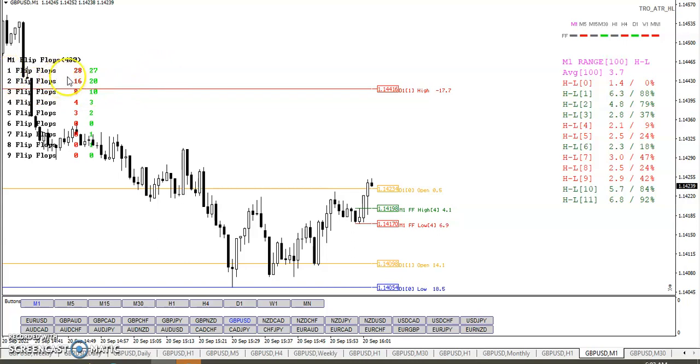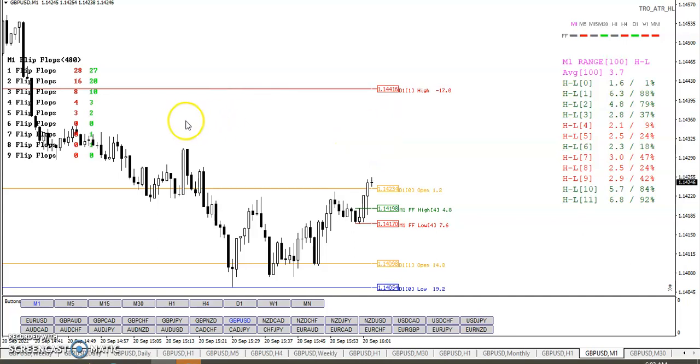So you can see here how many times you get flip-flops. And so that's one flip-flop. Two flip-flops, let's see if I can find it. You've got a flip and then a flop, but actually then you had another flip. So that would be three flip-flops.